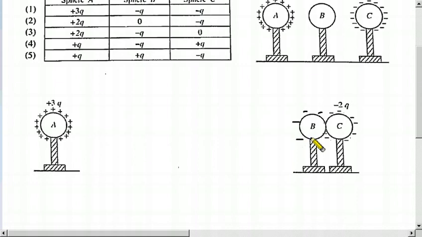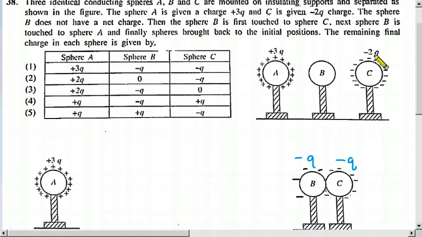Equally, the total charge is distributed between these two spheres, since the capacitances are equal. So this -2q is distributed among these two.